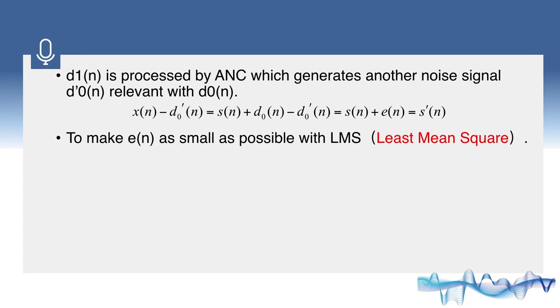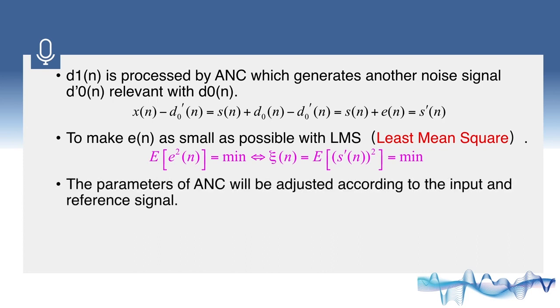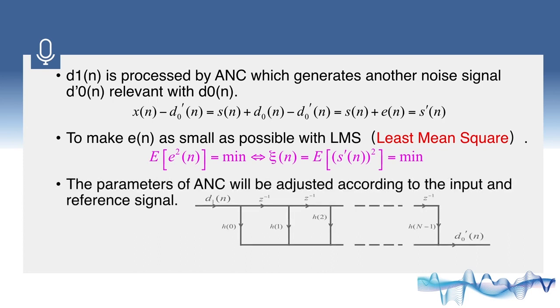There is an error signal En between the clean speech Sn and the estimated speech signal S'(n). The optimal output will be obtained by making En as small as possible with LMS, the least mean square criterion. The parameters of ANC will be adjusted according to the input and reference signal.